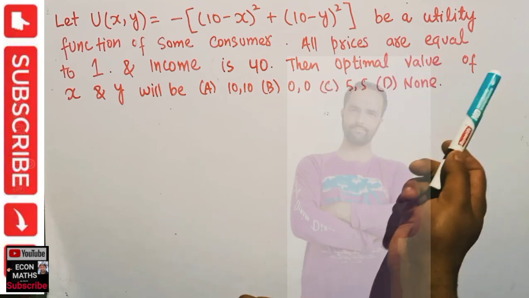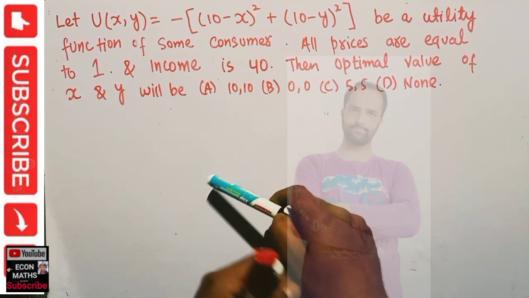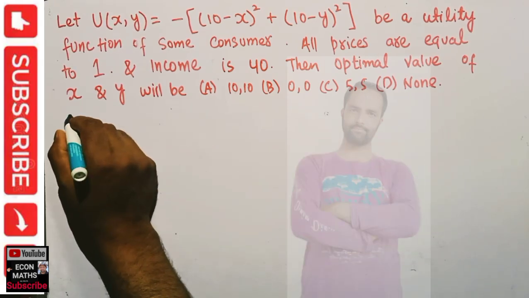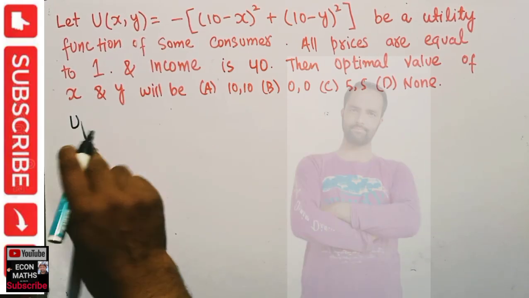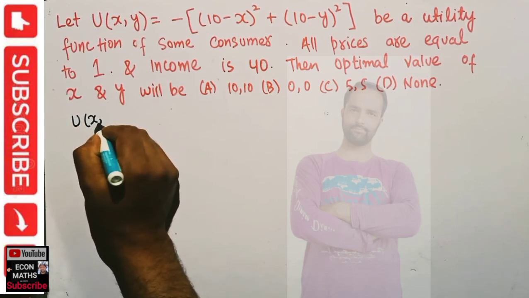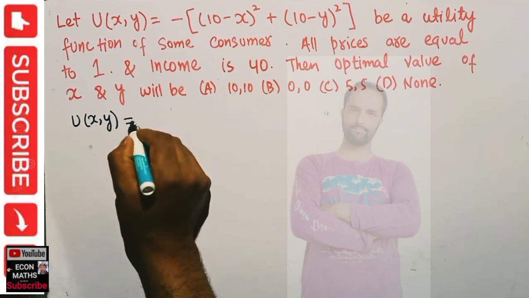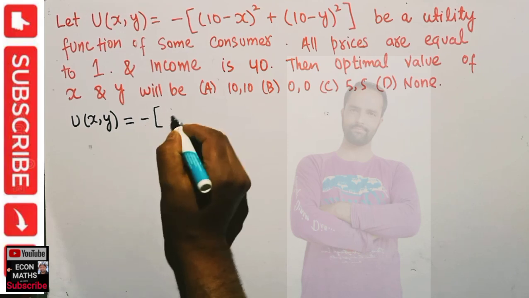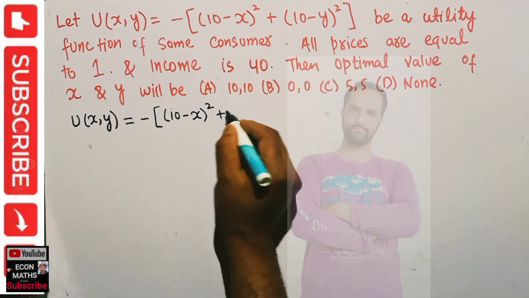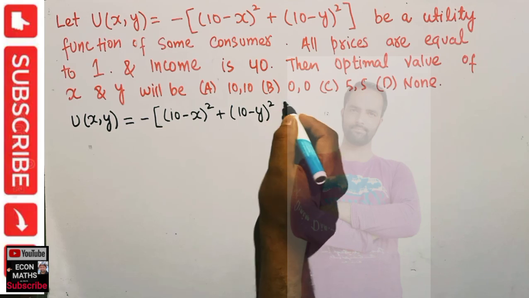We need to find out the optimal combinations of bundle x and y that the consumer will choose. What we are being given, basically, is the utility function u of x y. That means utility is a function of two goods x and y, which is given to us as minus (10 minus x) whole square plus (10 minus y) whole square.